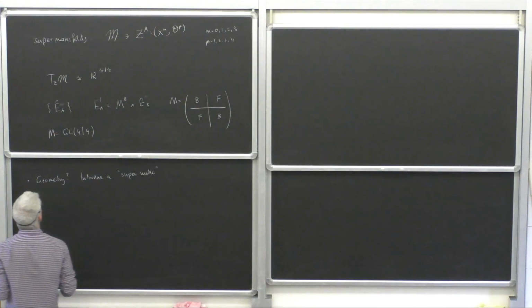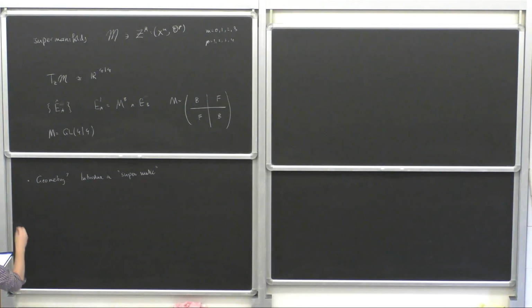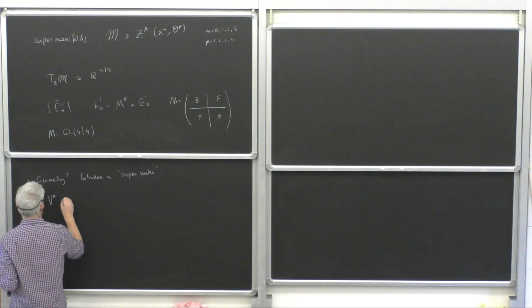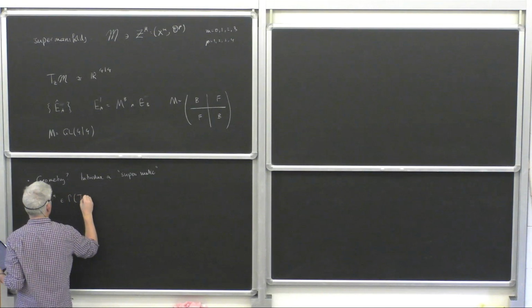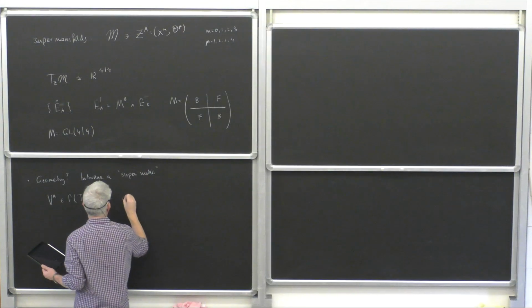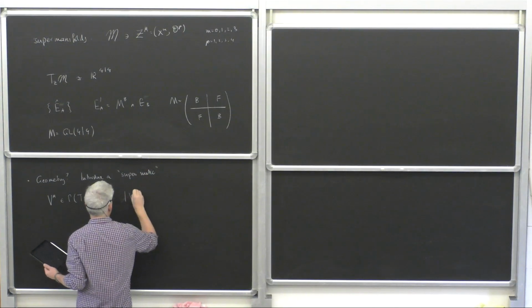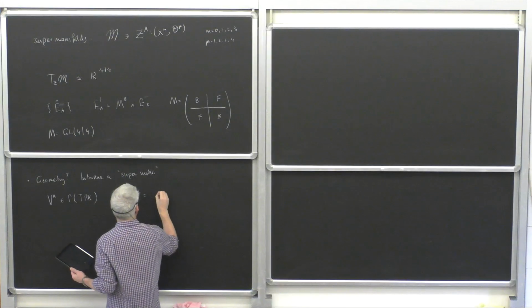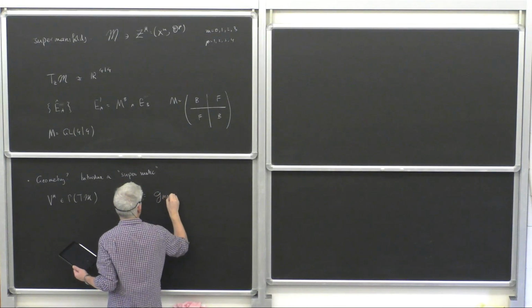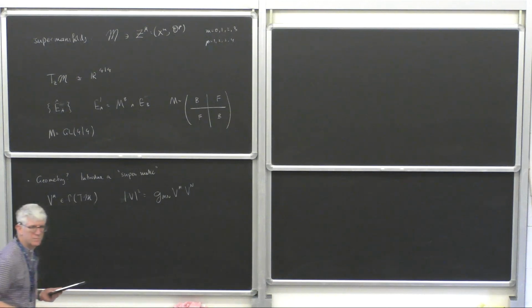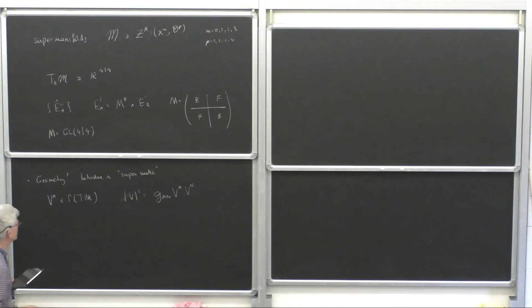That would be something that, if I've got a vector which is a section of the tangent space to this manifold, gives me the length of the vector squared as some g_MN V^M V^N. That would be an obvious thing to do.